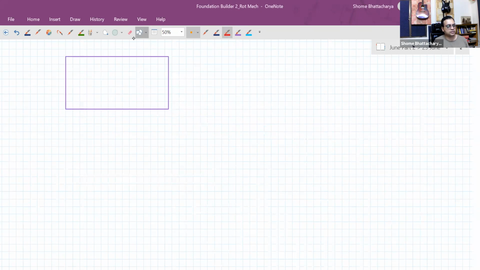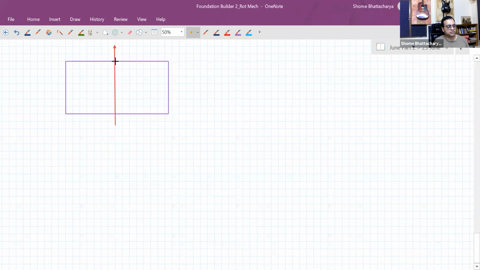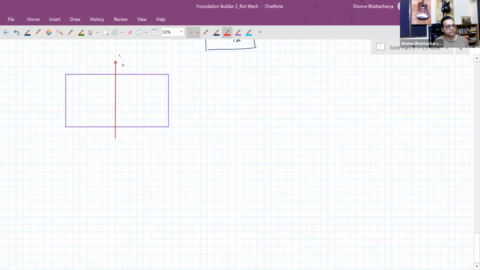So for Iy, because this is your y-axis passing through the center and bisecting this length, you will take thin horizontal strips like this. Thickness dy.